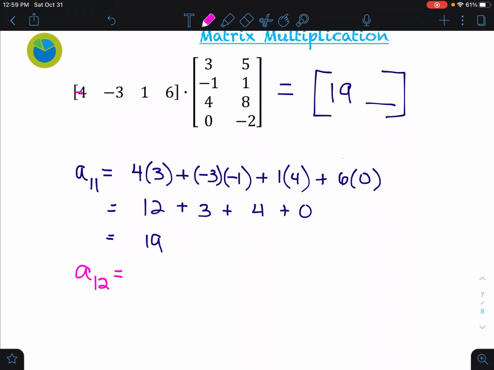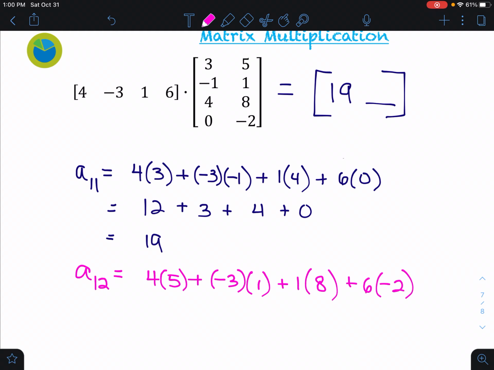So that means this row times this column, okay? And let's write it out here. We got 4 times 5 plus -3 times 1 plus 1 times 8 and then plus 6 times -12.